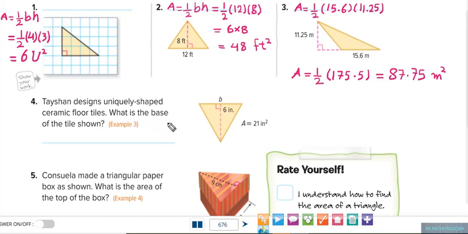Now, for this problem, Taishan designs uniquely shaped ceramic floor tiles. We need to find the base of the tile shown. We have here the area, and I need the base. So the rule says base equals 2 area divided by height.